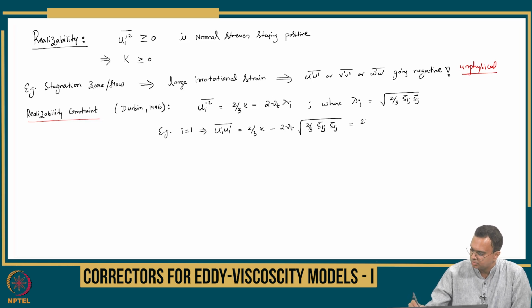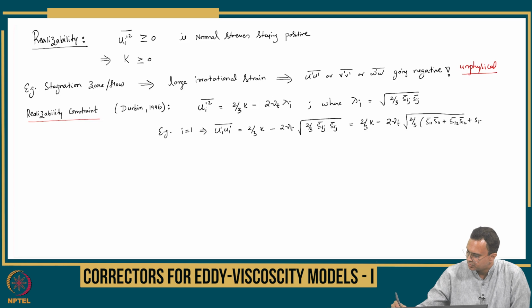This will be 2/3 k minus 2 nu t, the square root of 2/3, and we sum over j, which will be S11 bar S11 bar plus S12 bar S12 bar plus S13 bar S13 bar.